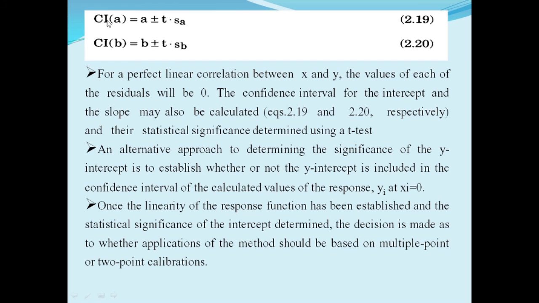Here the confidence interval for the intercept is equal to a plus or minus t times Sa, and the confidence interval for the slope is equal to b plus or minus t times Sb.